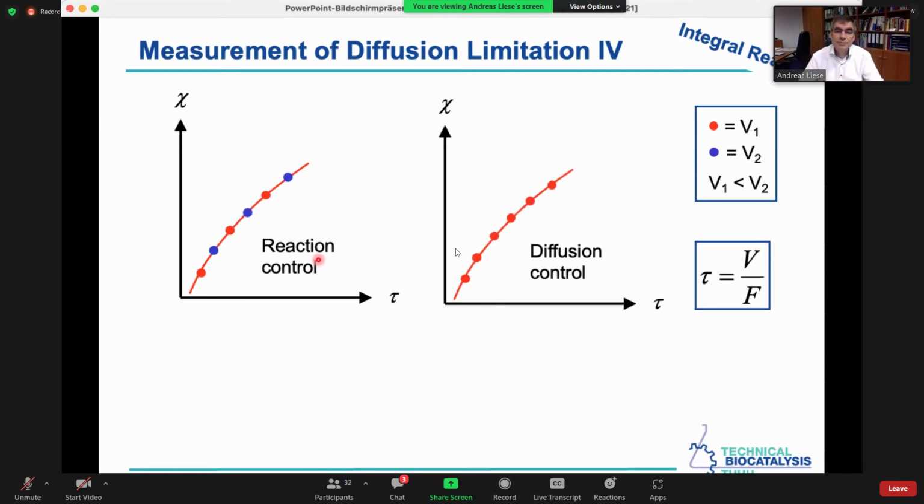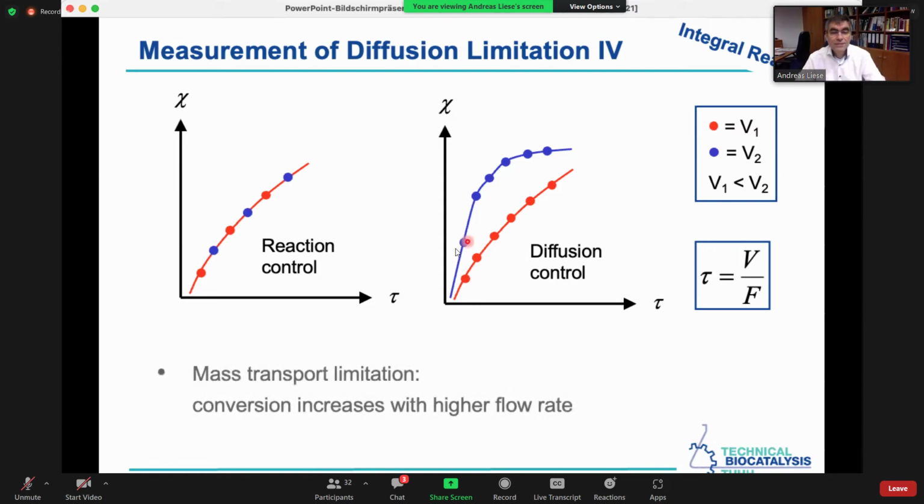In consequence, if reactor 1 has this performance, reactor 2 will be much better in terms of conversion as a function of residence time, because, as discussed in the example before, we have a much higher flux, resulting in a much higher conversion because of reduction of the film layer, reducing the effect of diffusion. So, to note, with mass transport limitation, conversion increases with higher flow rate. Next important principle.